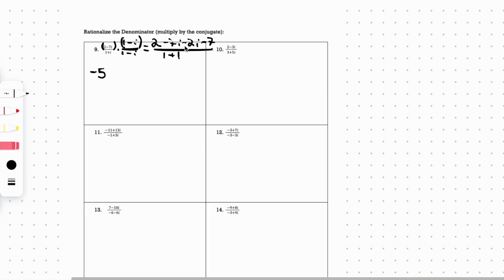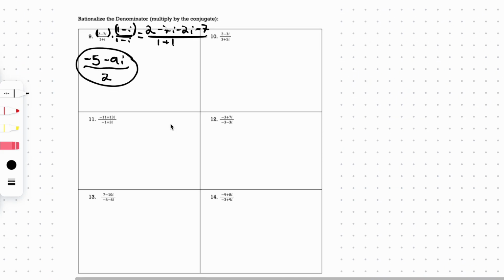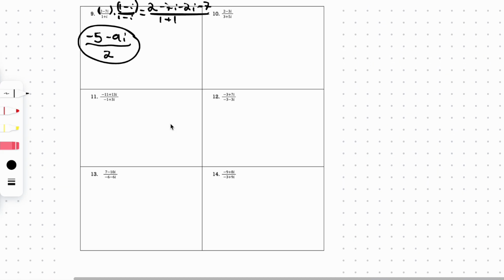And then negative 7i minus 2i is going to be negative 9i. And all of that is going to be over 2. Perfect.